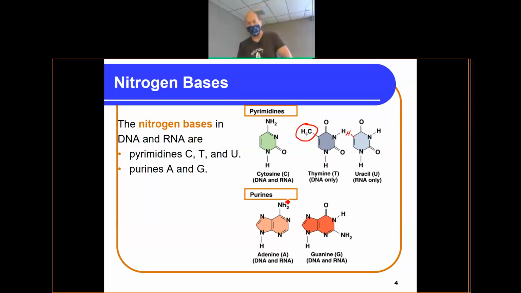And the pyrimidines, the longer word, is the 1 ring, and the purines are the 2 rings. So if it's a 2-ring system, it's a purine.